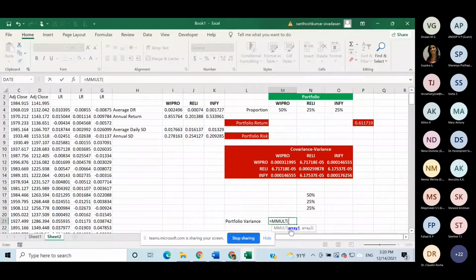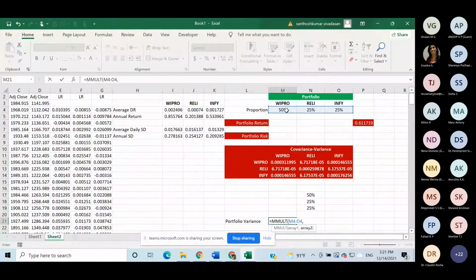What you have to do is first choose the proportion matrix, which is in this form. So this one, proportion, comma. One matrix you have chosen, the 1 into 3 matrix.